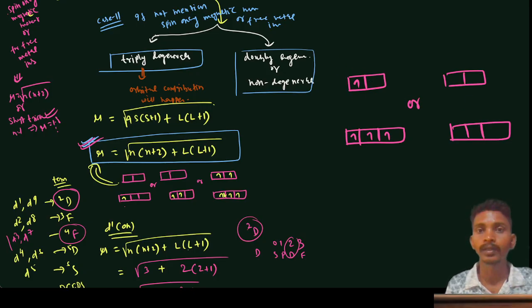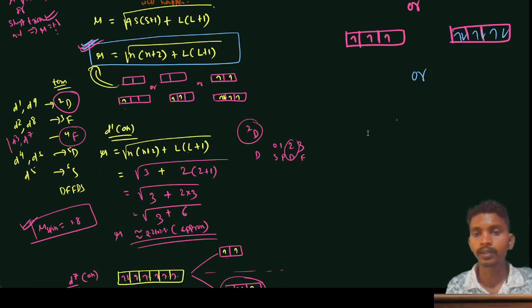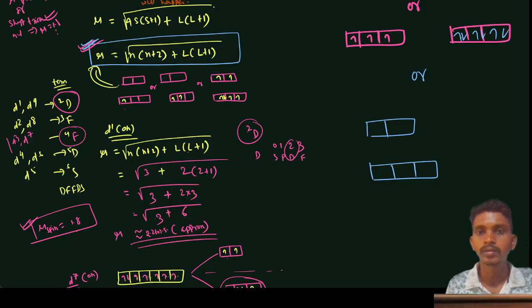Or it may be, let's say, 1 2 3 4 5 6 7 8 9. Okay, this is doubly degenerate. Or it may be these cases, like this, 1 2 3 4.